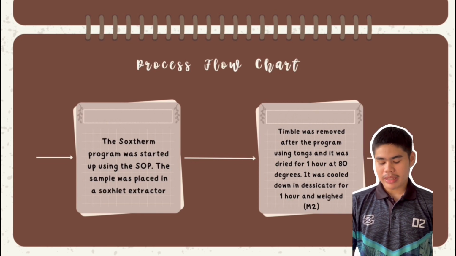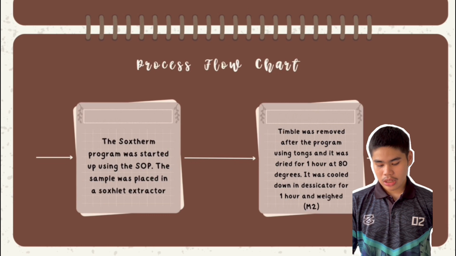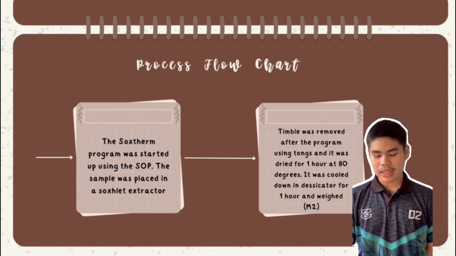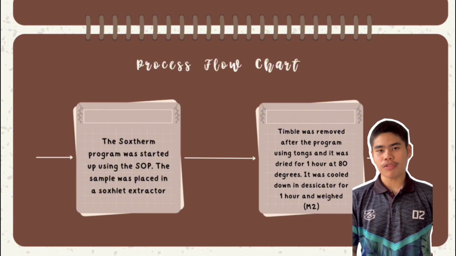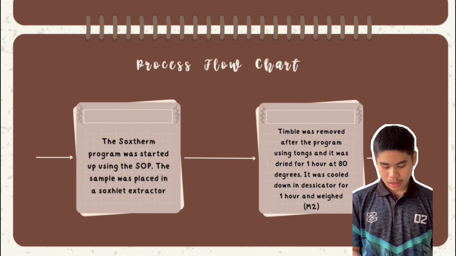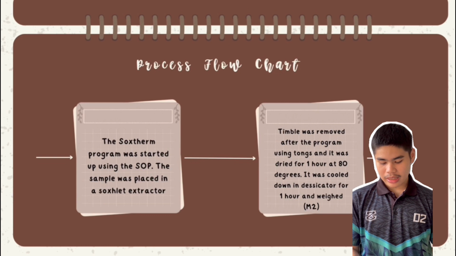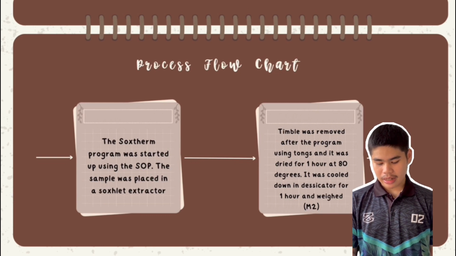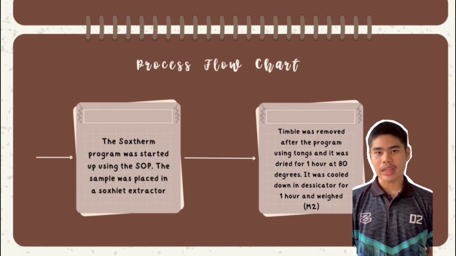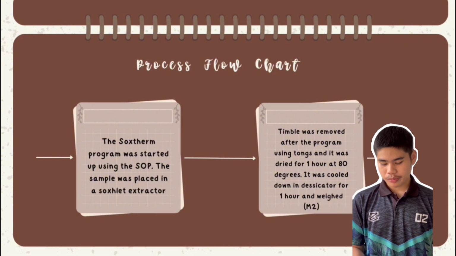The sample was placed in the Soxhlet extractor, and finally the thimble was removed after the program using tongs, and it was dried for 1 hour at 80 degrees Celsius, and cooled down in the desiccator for 1 hour and weighed. That is M2.